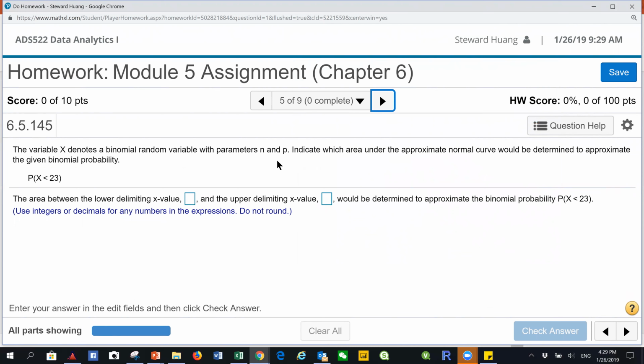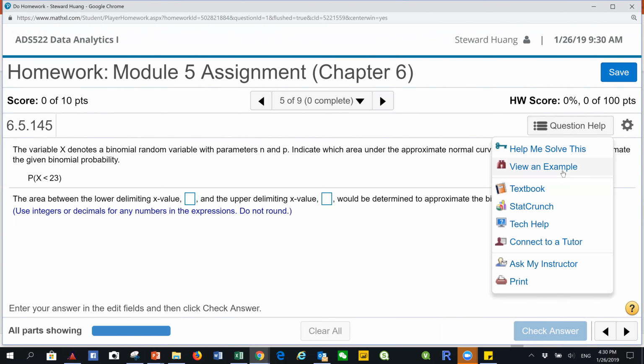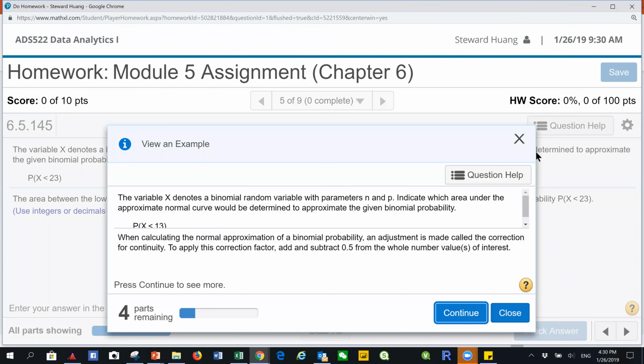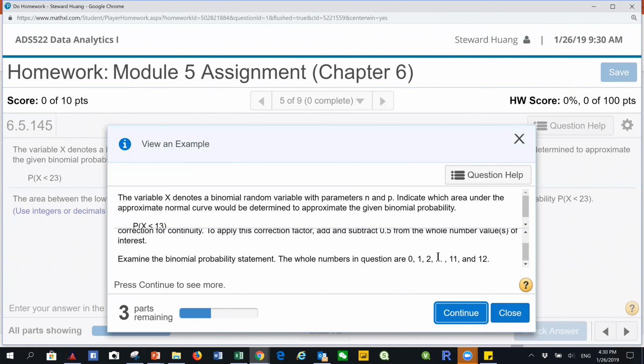Okay. A variable X denotes a binomial variable with n and p. Indicate which area under the appropriate normal curve would be determined to approximate a given binomial probability. Let me use an example to illustrate. So here you are to calculate 13.